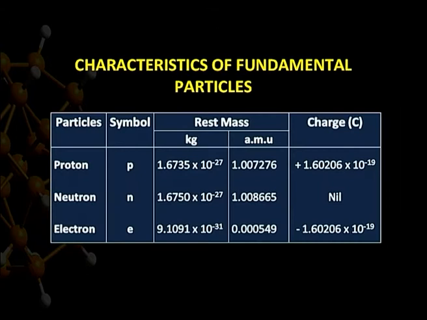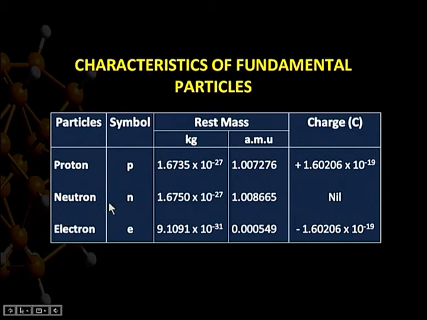In this table, the characteristics of the fundamental particles are shown. The particle proton has the symbol p. The rest mass of the proton in kg is 1.6735 × 10^-27, and the atomic mass unit is 1.007276, and the charge will be of this value.